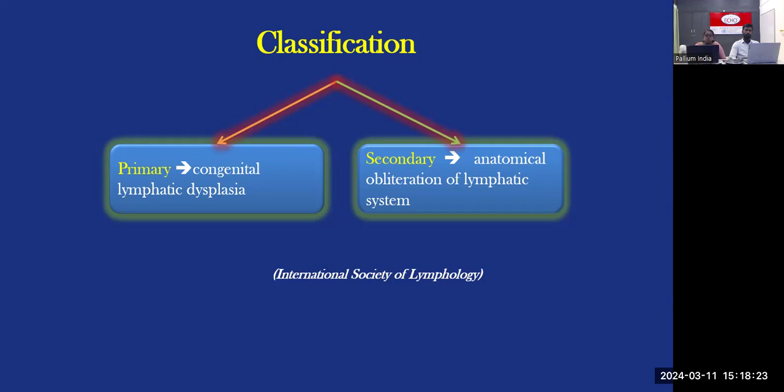Now our lymphatic system is normal, but after that, if you develop any surgery, any disease, any recurrent infection, any trauma or a major road traffic accident, that leads to the patient developing edema.